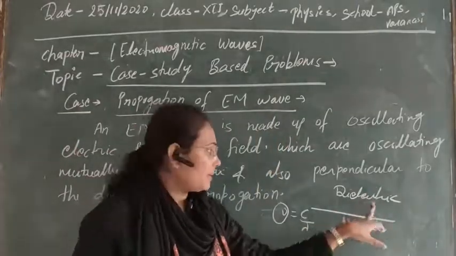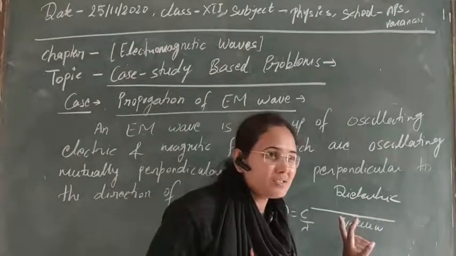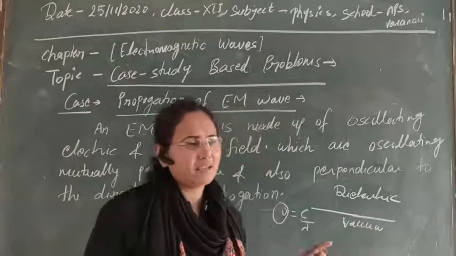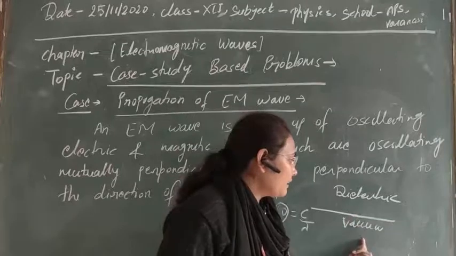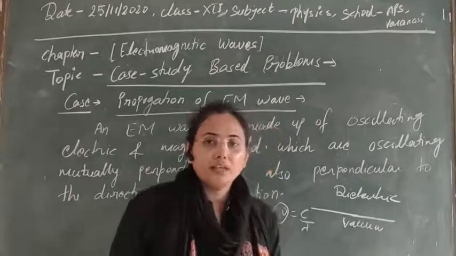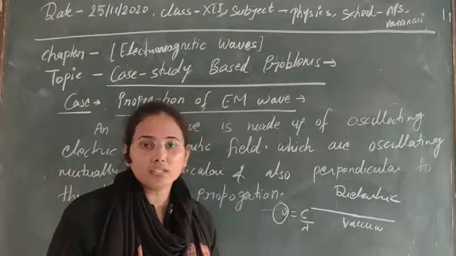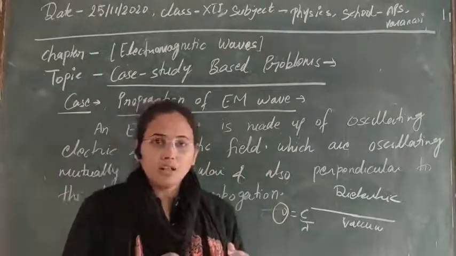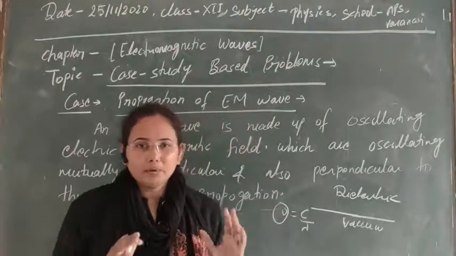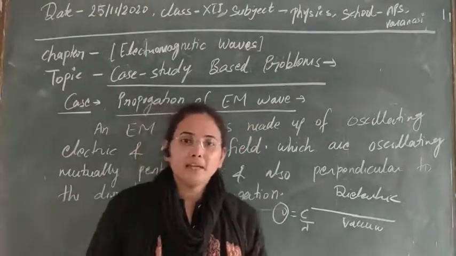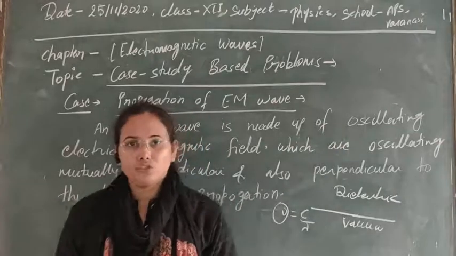In vacuum, light or any electromagnetic wave has the greatest velocity, so moving from dielectric to vacuum, the velocity will increase. Velocity will change, wavelength will change, frequency will not change. You have to keep all these factors in mind. The properties of light are already clear in your mind, so apply those properties to understand the properties of electromagnetic waves.